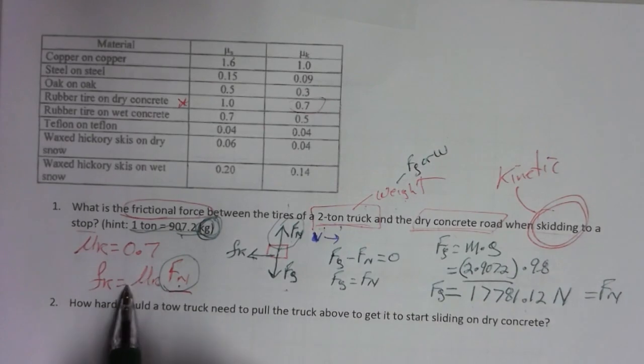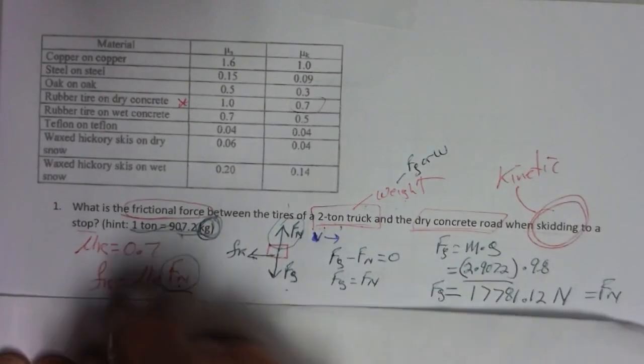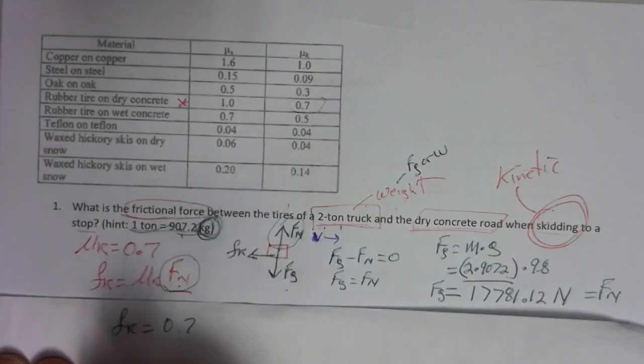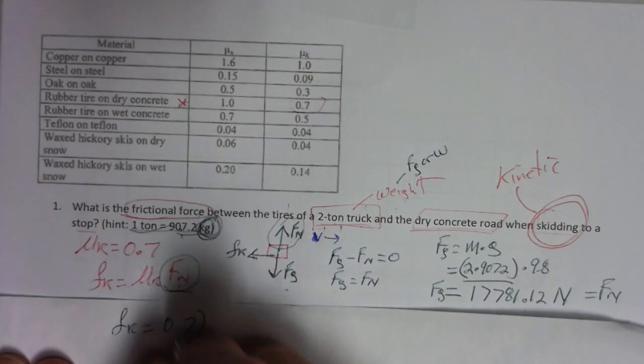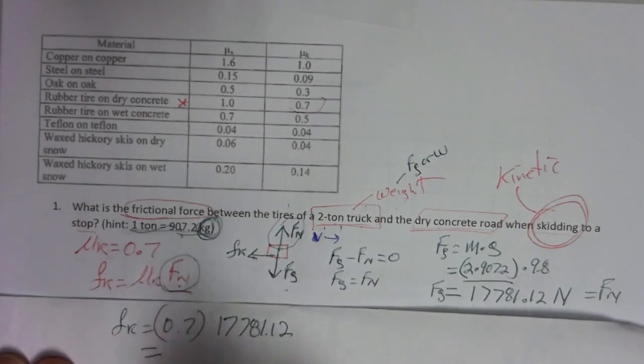Now we plug that back in to this equation. So that force of friction, Fk, will equal mu k, which I looked up, it's 0.7, times Fn, 17,781.12. Plug that all into my calculator.